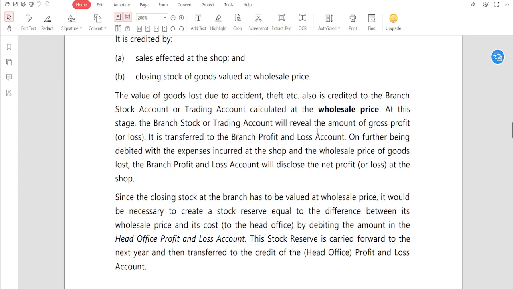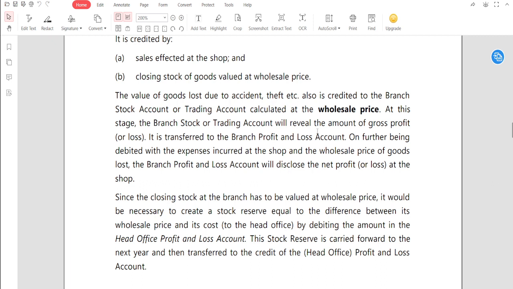From branch stock reserve we can transfer, and we can have the balance with respect to the HO, whatever the balance, we need to match it. The reserves in the branch stock reserve account have to be transferred to the HOPL account, and the branch PL account balance has to be transferred to the HOPL account. That is the fundamental.